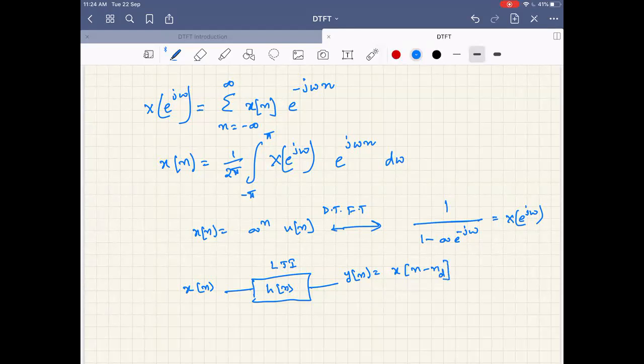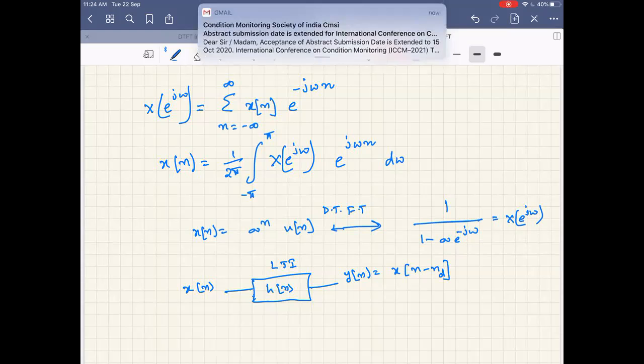So now what we wish to do is identify first what the impulse response of the system is, and we would like to apply the discrete time Fourier transform on the impulse response so that we can characterize the system frequency content or the system frequency characteristics.